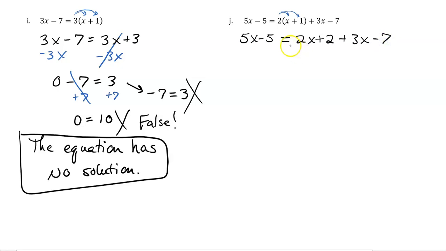And I do have some like terms here. I can add the x's together on the right-hand side. I can even add the numbers together because they don't have x's. So I'm going to have 5x minus 5 is equal to 5x minus 5. 2 minus 7 is negative 5.